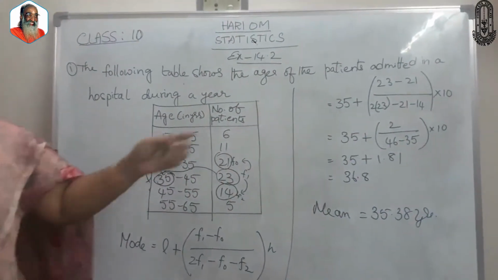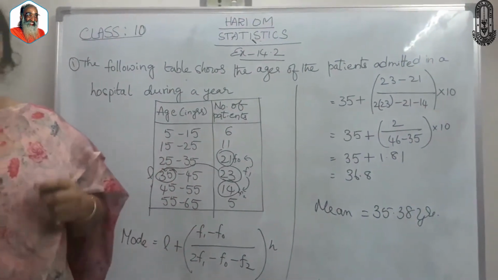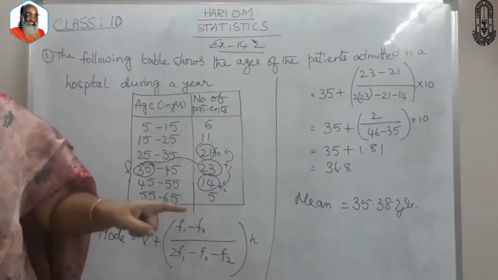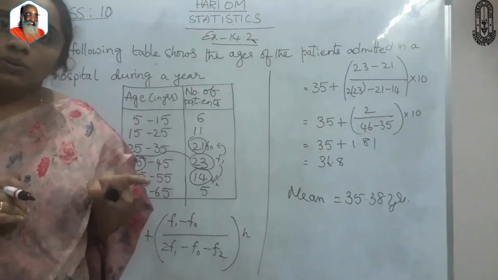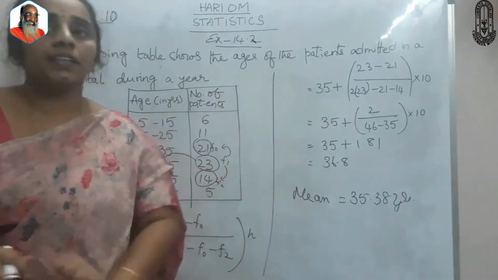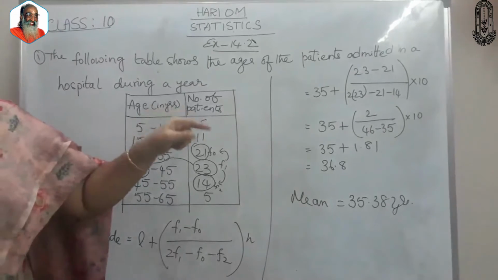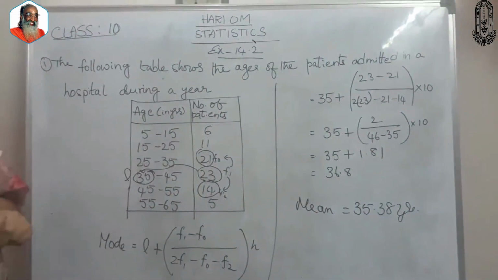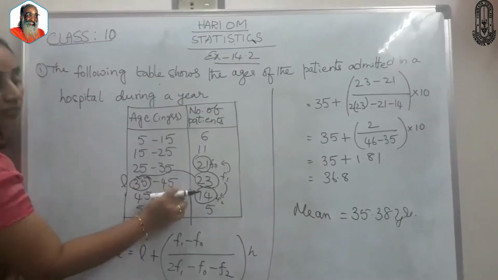This mean represents that the average age of patients admitted to the hospital was 35.38 years. So this 35.38 years falls in the age group of 35 to 45.